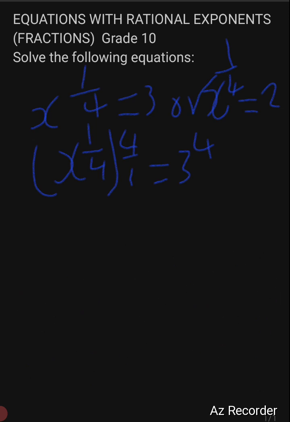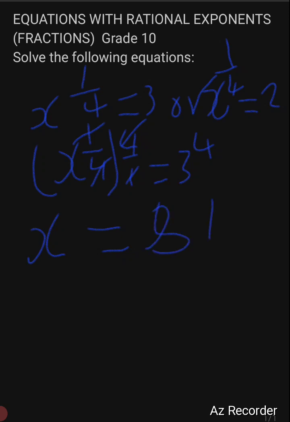Here, 4 and 4 cancel each other. Remember, our aim is to make x the subject, so we are left with x. What is 3 to the power of 4? It is the same as 81.